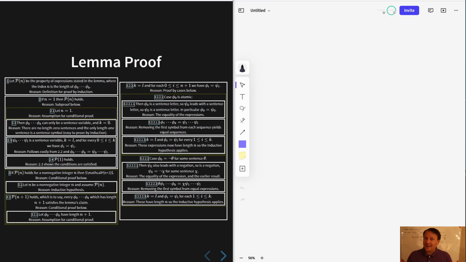And then that has length n, and the inductive hypothesis kicks in. And that's effectively how the negation case goes. And then the other binary connectives cases go basically in the same way. So I'll regard that as sort of proof complete.